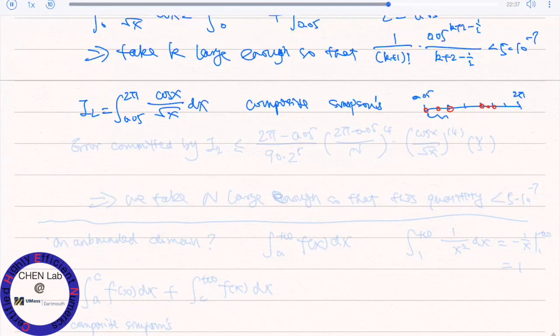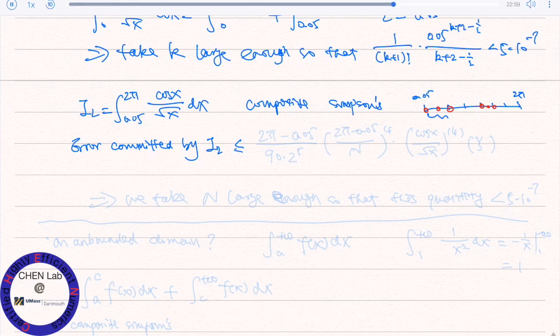So when we talk about the error committed by I2, this is bounded by less than or equal to what?